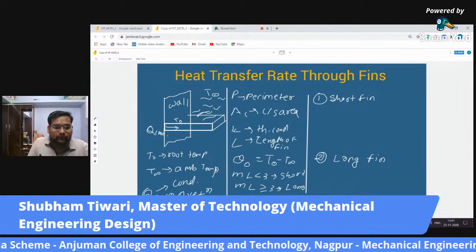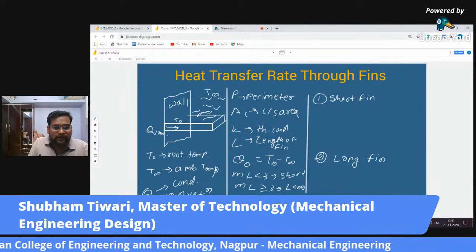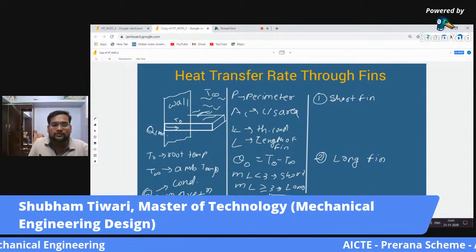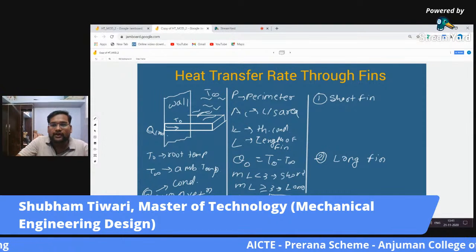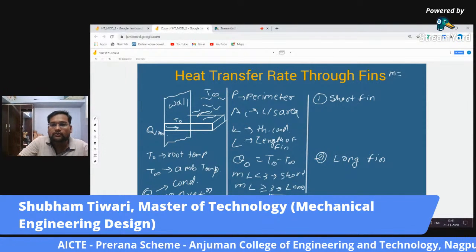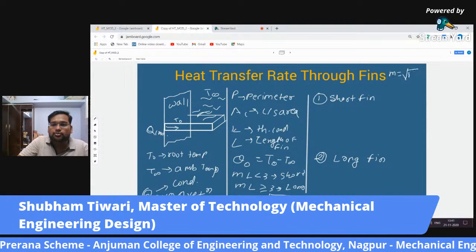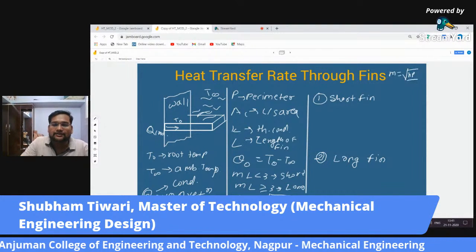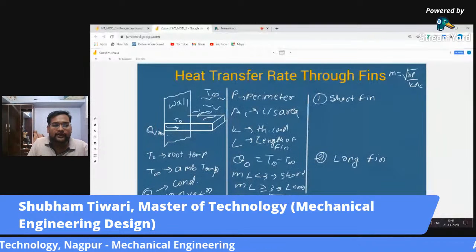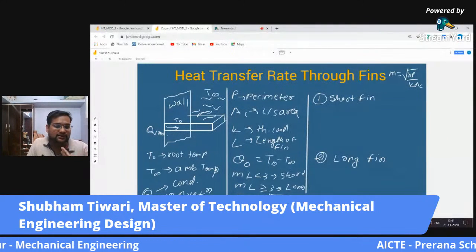Now what is this m? m is a constant which is a replacement of this term hP upon kAc. So m equals the square root of hP upon kAc.